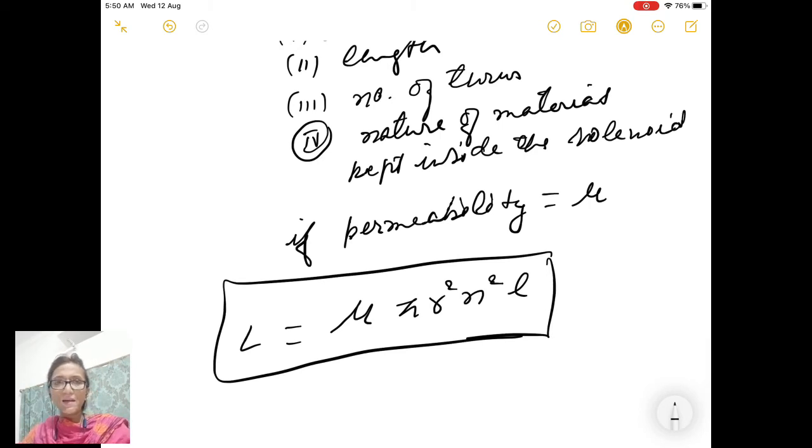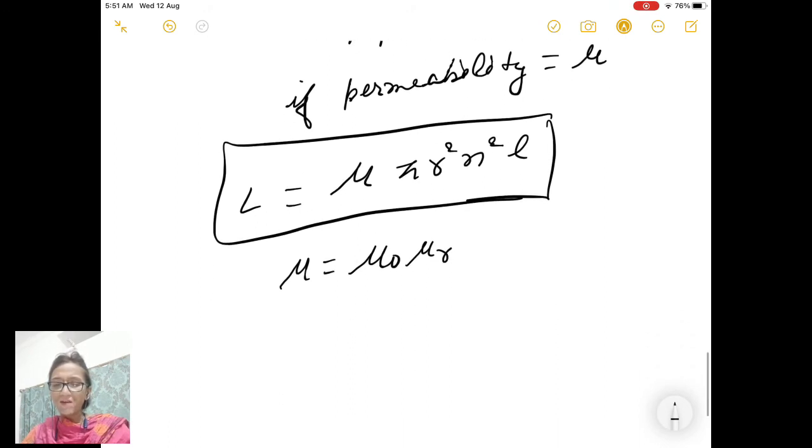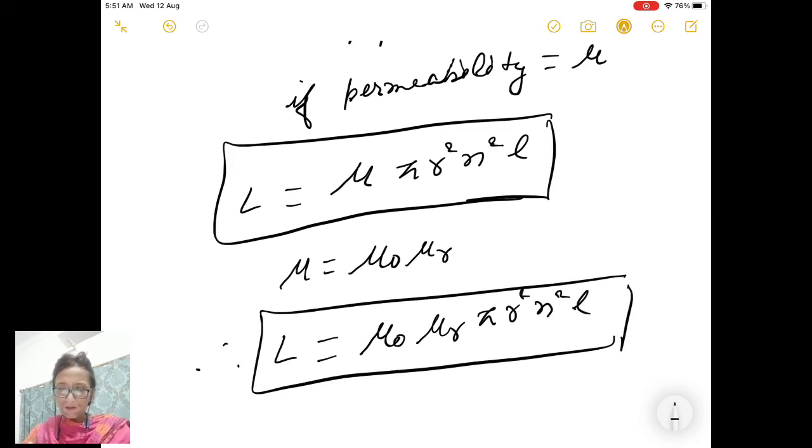And you know that the permeability of any medium is equal to the permeability of free space times the relative permeability of the material. Therefore, L can also be written as μ₀μr πr² n² l. So this is the self-inductance of a solenoid.